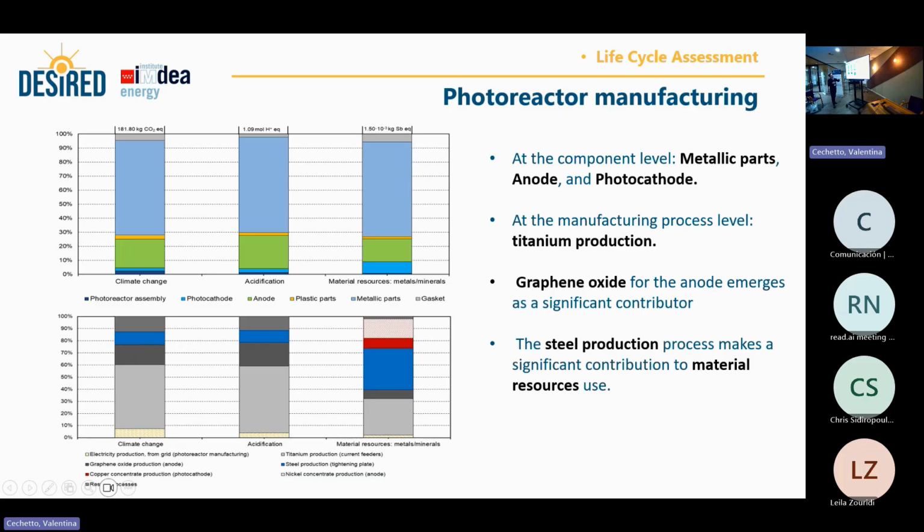And here you see that basically the metallic part and the anode and the photocathode are making the highest contribution to the manufacturing of the photoelectrochemical reactor as the LCA result. And more specifically, when we convert these results to the processes, the titanium production and graphene oxide production are the main contributors to the environmental impact at the manufacturing stage.